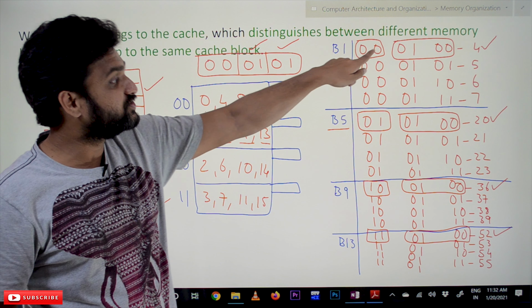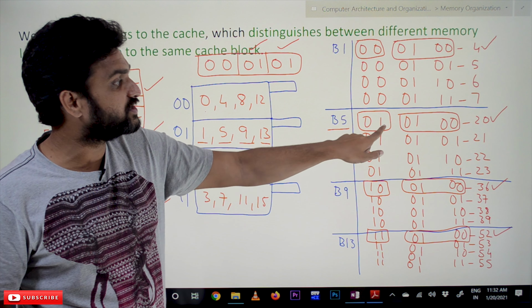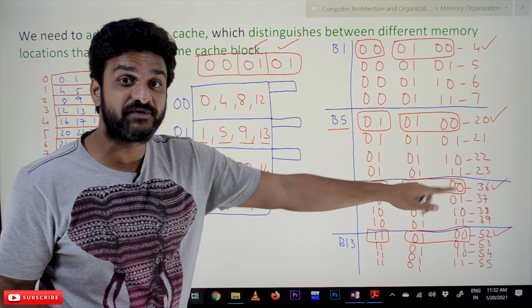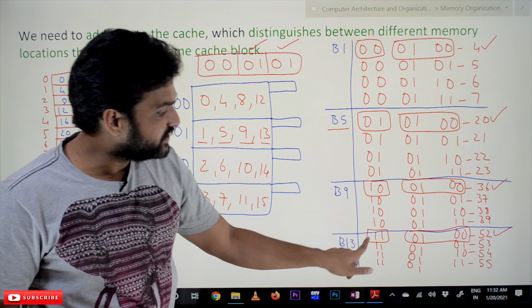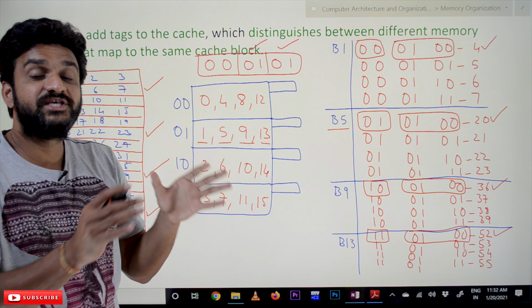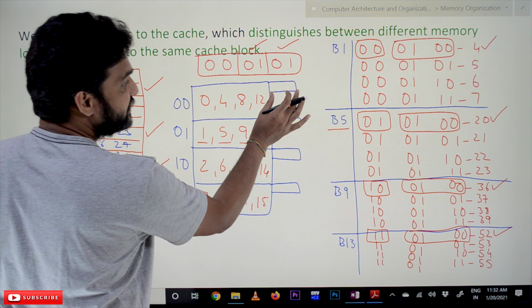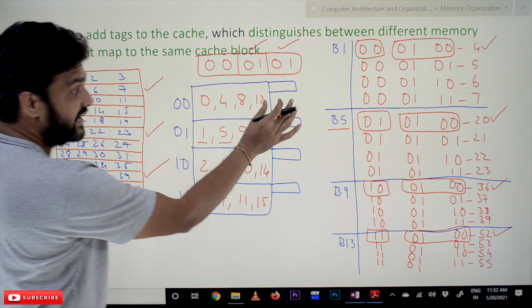For 4 it is 0 0, for 20 it is 0 1, for 36 it is 1 0, the remaining 4 bits are the same. For 52 it is 1 1. Okay, so these are called tag bits. The cache memory should be provided with tag numbers, tag bits.